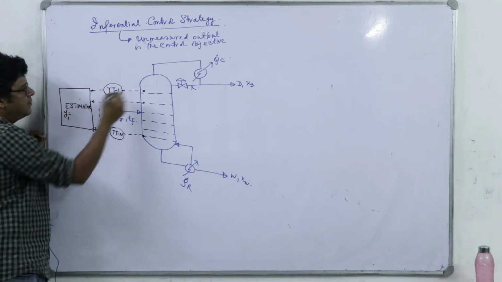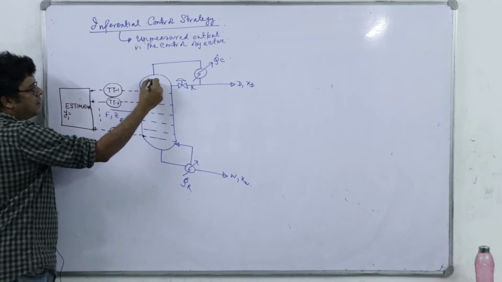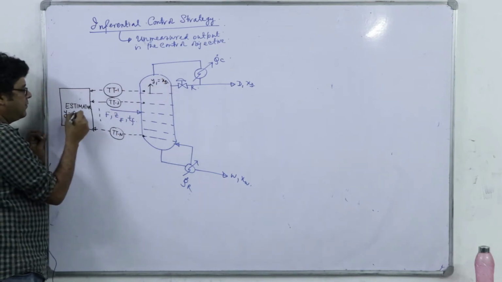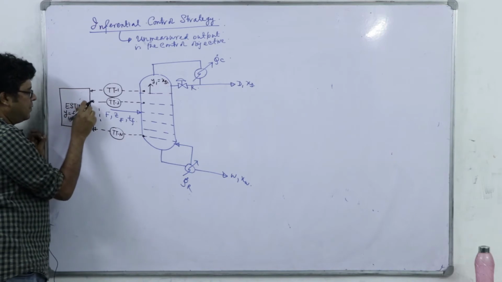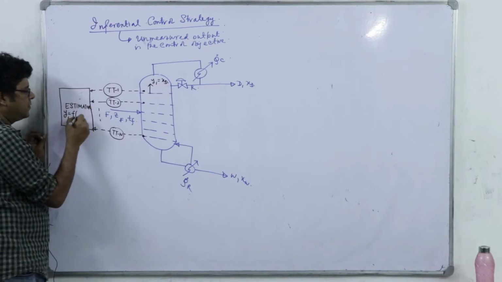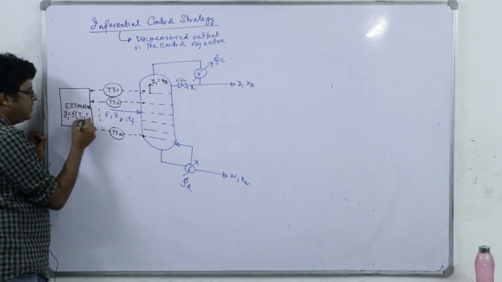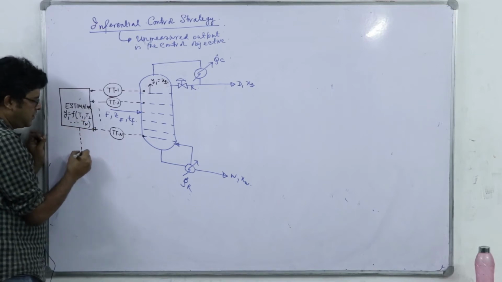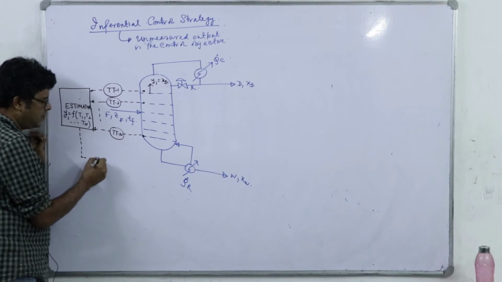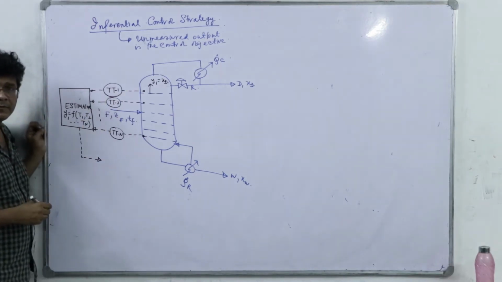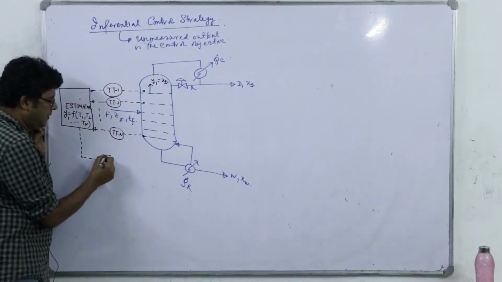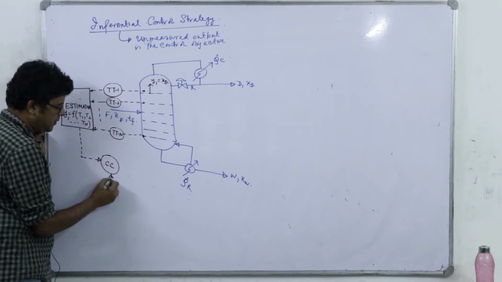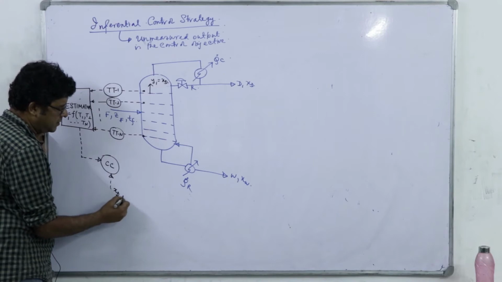That y1, which is the same as xd, is a function of T1, T2, Tn. This will give you the estimate of xd that we feed to the composition controller, which is supplied with xd set.